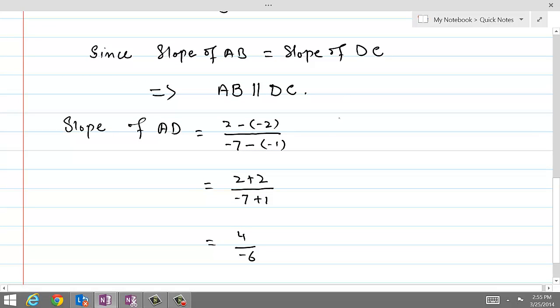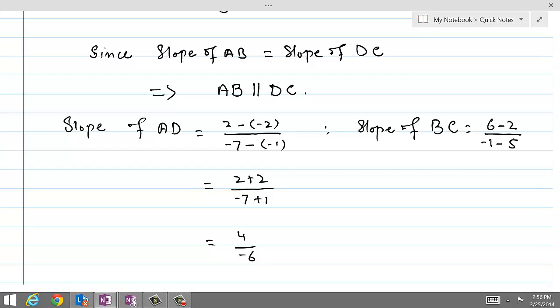Let's find out similarly the slope of BC. And slope of BC is 6 minus 2 over -1 minus 5. It doesn't matter which point you label as x1, y1 and which other point is labeled as x2, y2.